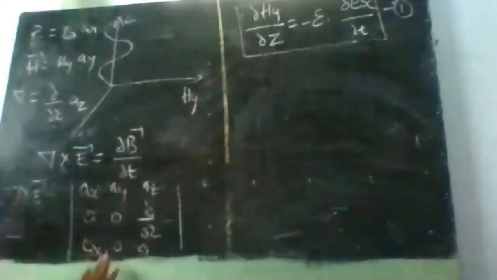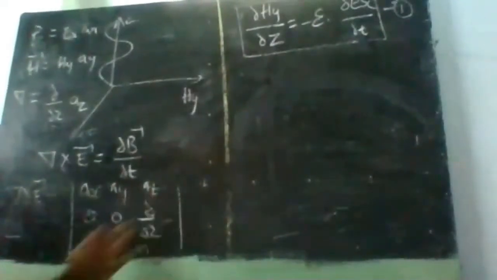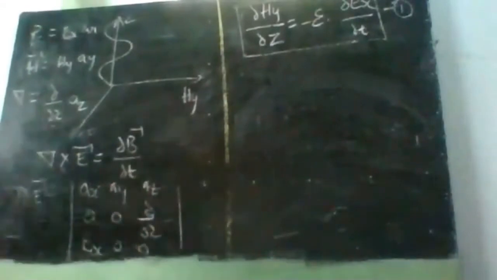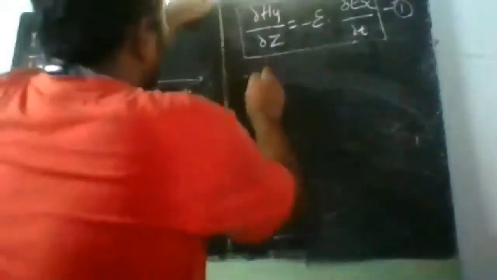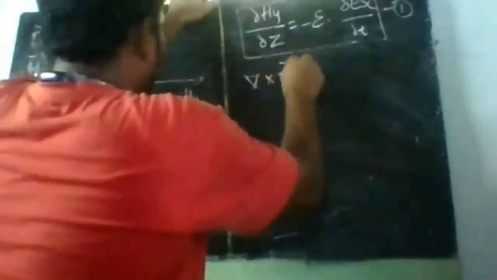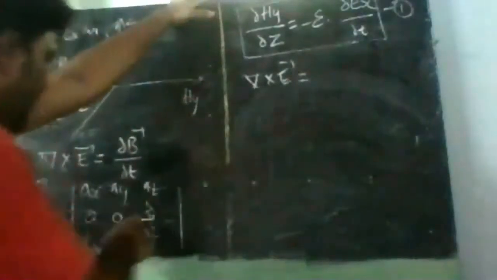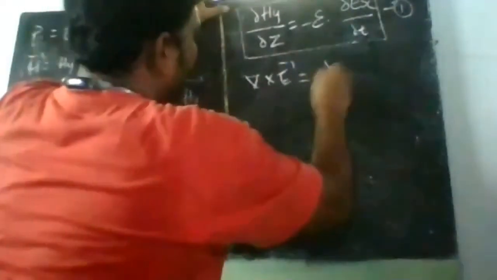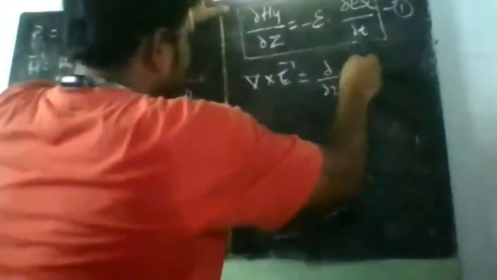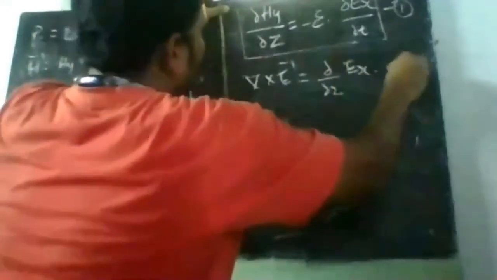So the only component that I get is: ax I will not get, ay I will get. Therefore del cross E bar will be equal to dou by dou z of Ex, ay.